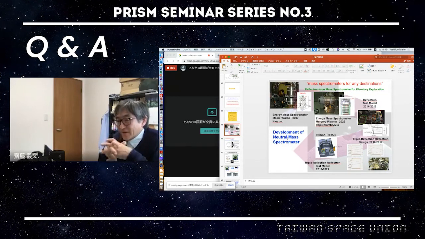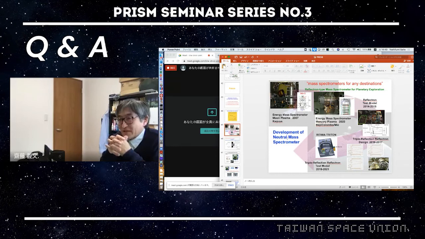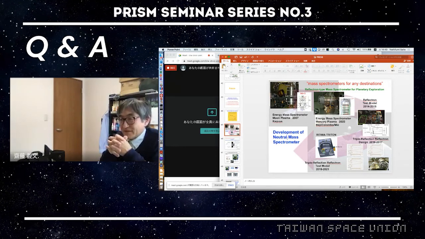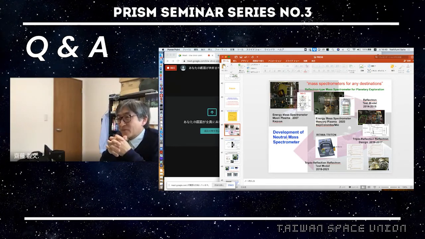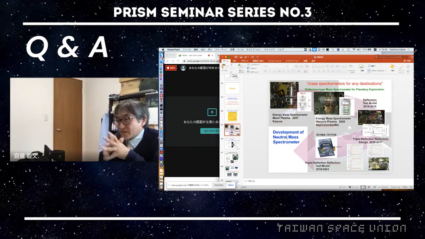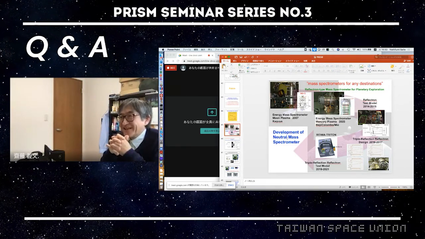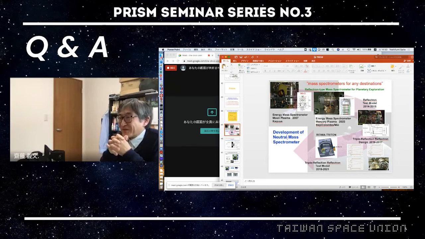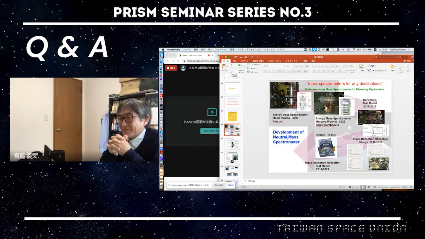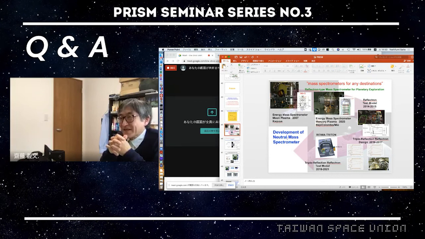And talking about the mass spectrometer for surface element mass spectrometry, the mass resolution should be quite high. In order to do so, we carefully design the mass spectrometer structure.